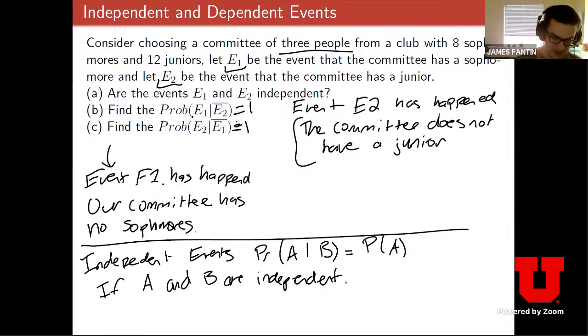And 1 is certainly not the probability that there is a sophomore on the committee in general. So this is another way to see why these two events are actually dependent upon each other. The bar is just another way to signal not this event happening. Yeah, good point. Awesome. So any other questions on this problem?